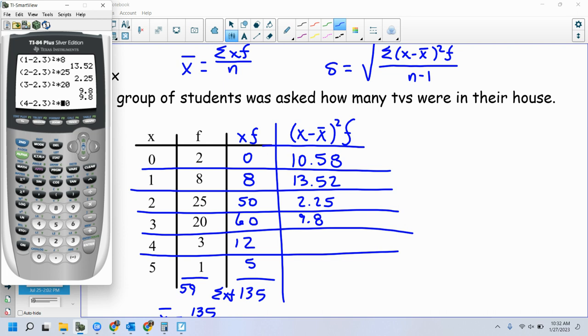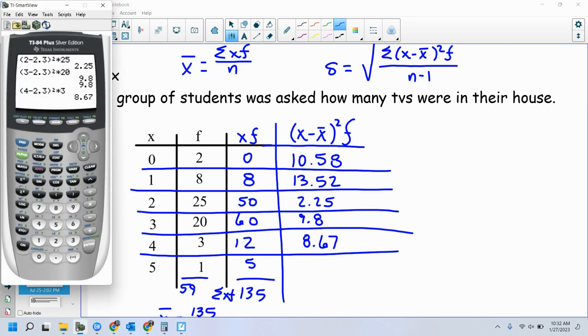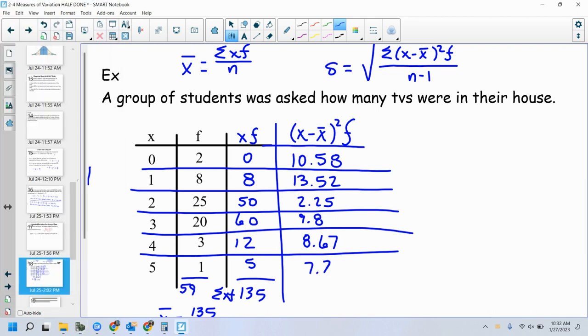Only 3. 8.67. Even though 3 was closer to the mean, it was because so many more people said 3. And then we have 5, and 1 person said 5. 7.29.